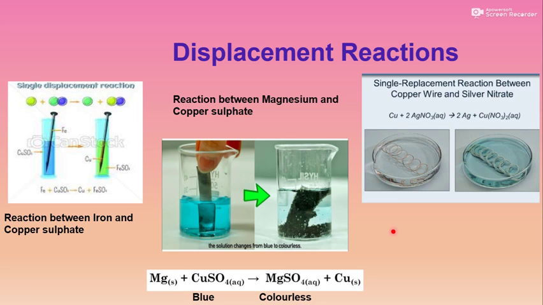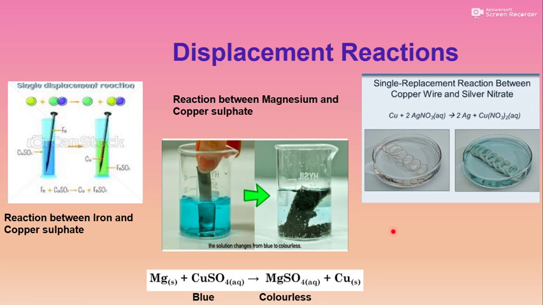As in the reactivity series, we know that iron is more reactive than copper. So iron can easily displace copper and form iron sulfate. Here, copper cannot displace iron because copper is less reactive. So in this one test tube or beaker we can see the reaction, but in this one we cannot see it. This one is given in your book.